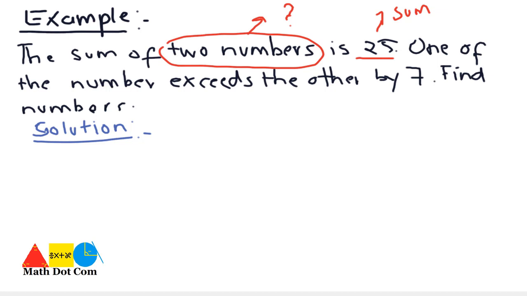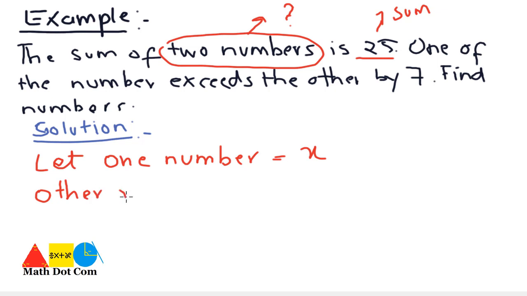Let one number be x and the other number, or you can say the second number, be y. Okay, these are the two numbers.